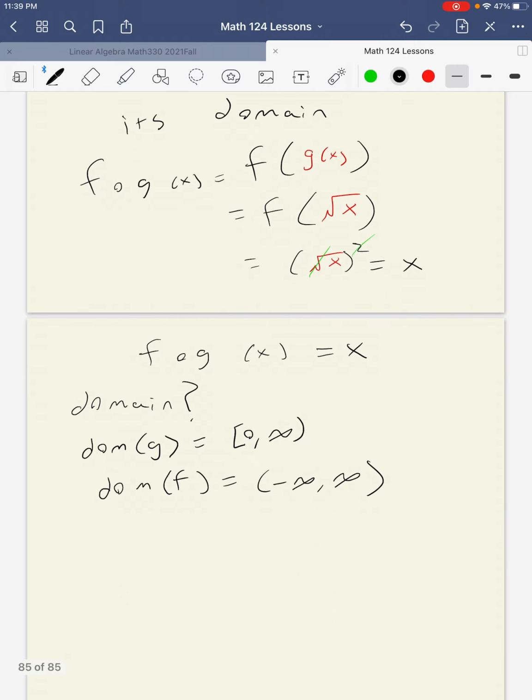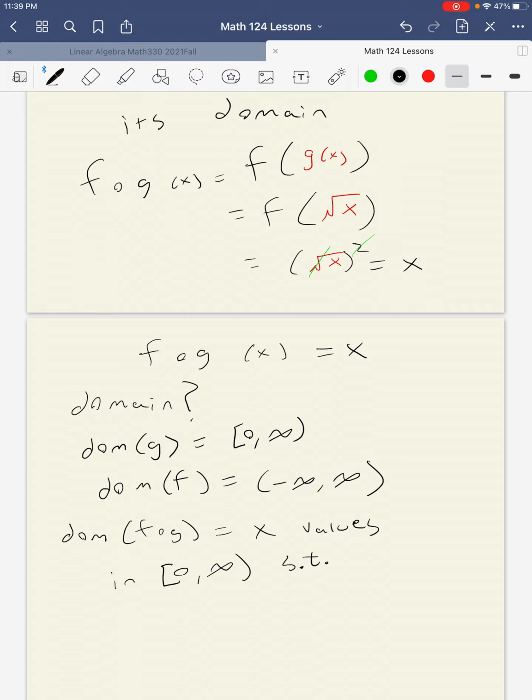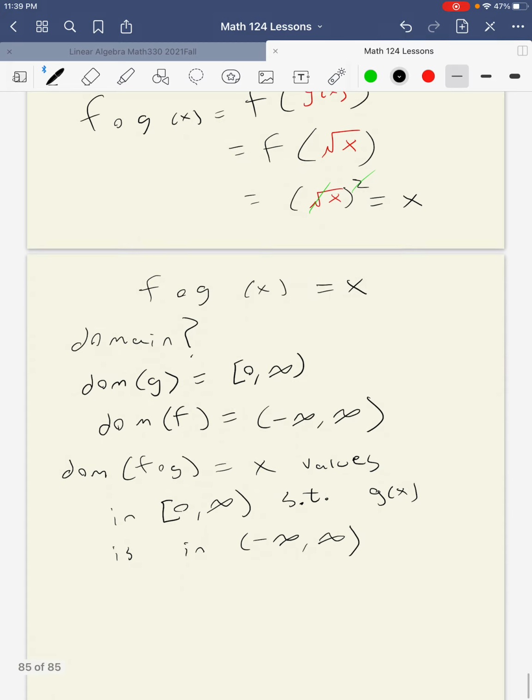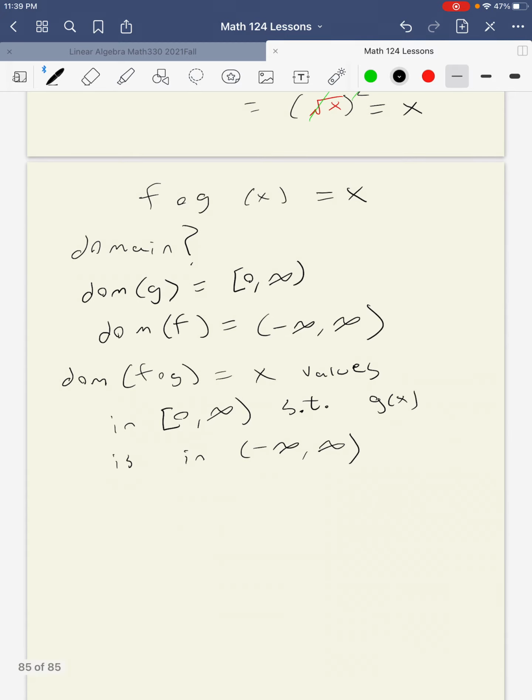So let me write down the definition of the domain of f of g. It is the x values in the domain of g such that g of x is in the domain of f. So that's sort of a wordy way of writing it. Let's see if we can clean this up.